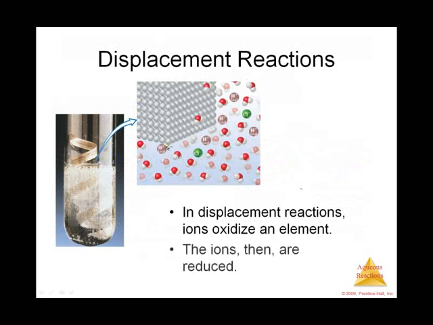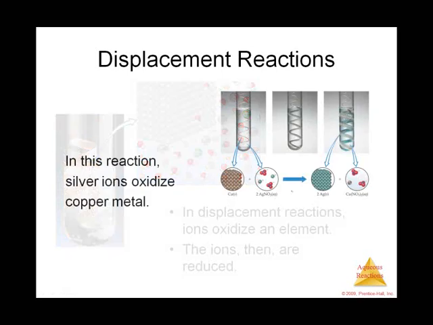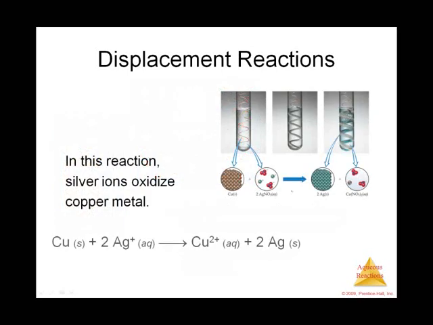Okay, so in a single displacement reaction, we are doing redox, right? There's an oxidation reduction reaction occurring. Ions oxidize and ions reduce. Here we have a reaction where we put a piece of copper metal, and I think we did this one in, for most of you, in honors chem.